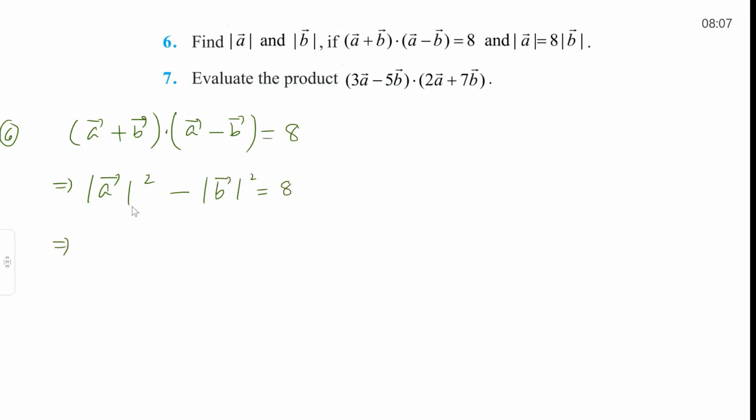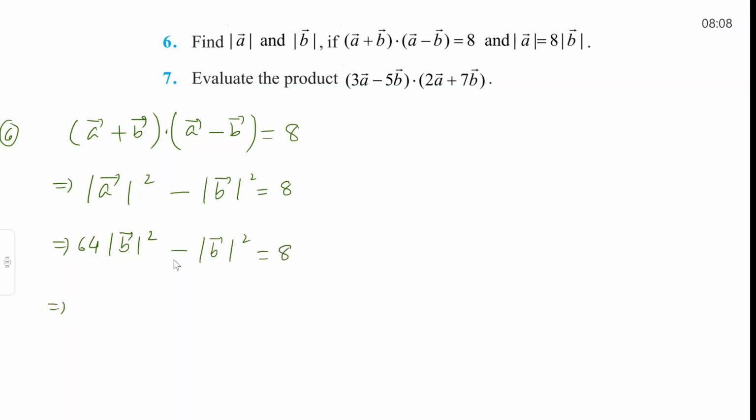But mod a is equal to given 8 b bar. Mod a is equal to 8 mod b. So mod a square will be equal to 64 mod b square, then minus mod b bar square is equal to 8.